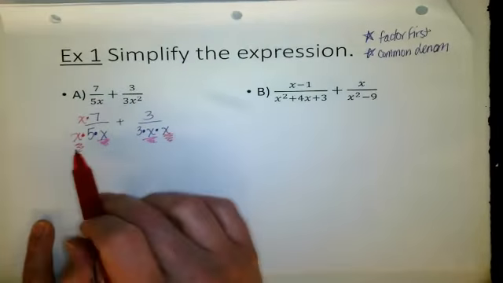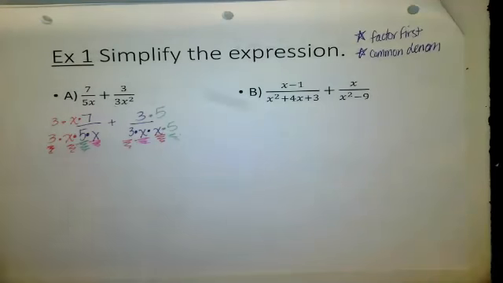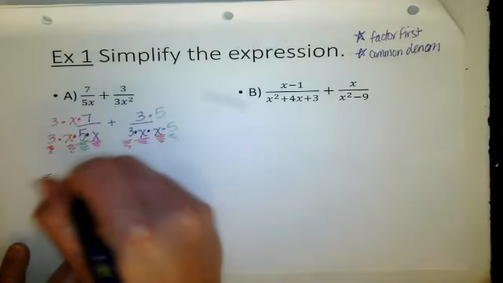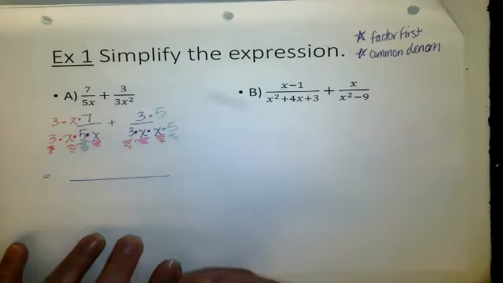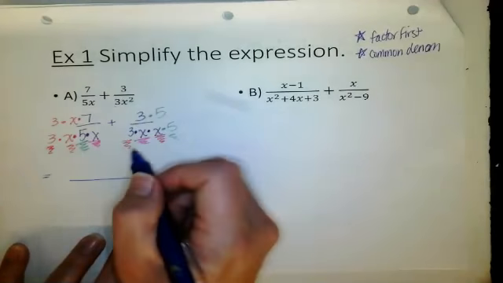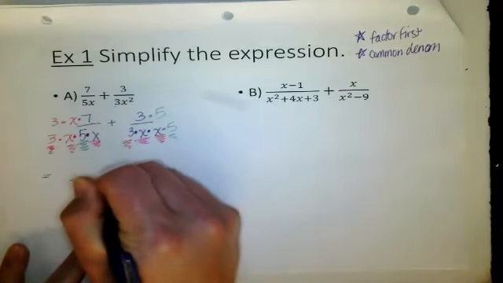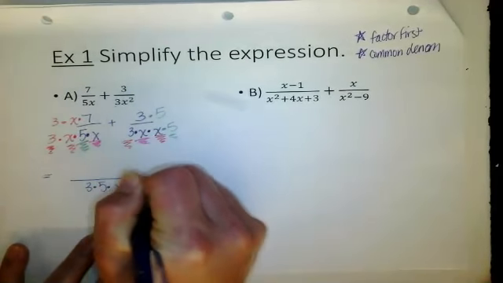And so when I look at those denominators, I can see that I've got a couple of x's, I've got 3's, and I've got 5's, and everything matches. They're made up of all the same parts. Might be in a different order, but that's okay. That doesn't matter. So my denominator now, since everything matches, I only have to write one denominator, which is kind of nice. And that denominator is 3 times 5 times x times x.